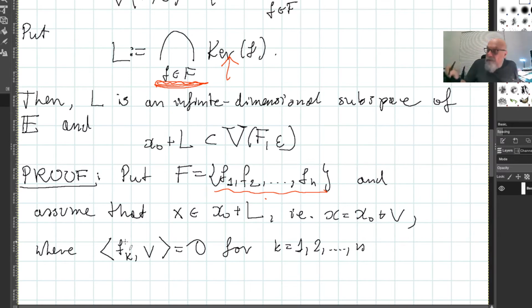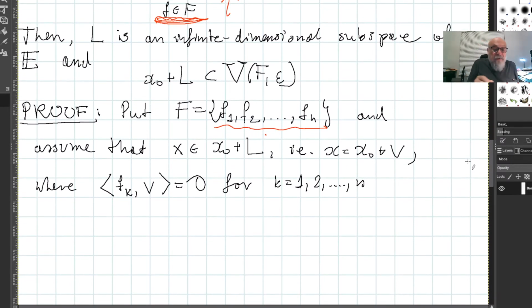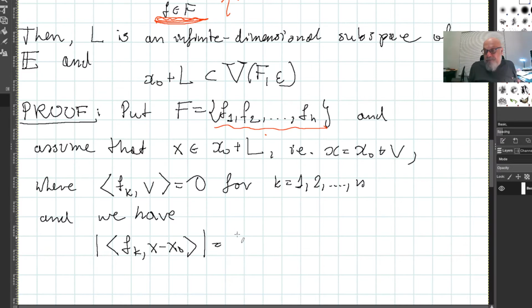Okay, so let me continue. Take this x. Then fk(x minus x0) is equal to fk(x0 plus v minus x0).